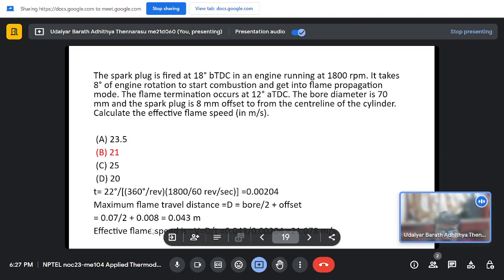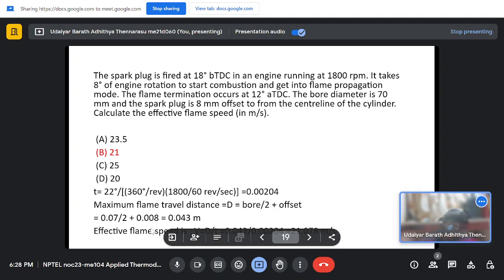This will give me 0.00204 seconds, that is about 2 milliseconds. 2 milliseconds is the time taken for the whole combustion to start and end. So in 2 milliseconds the total mixture undergoes combustion and the chemical reaction has happened.